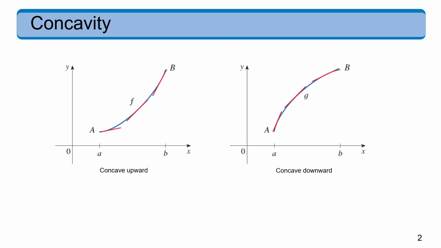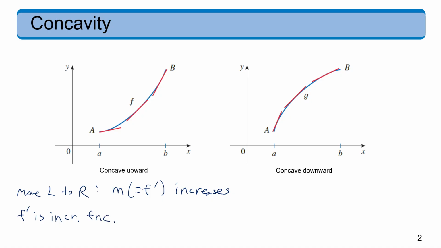So as we move left to right, the slope, which is equal to f prime, increases. So now we know that f prime is an increasing function.